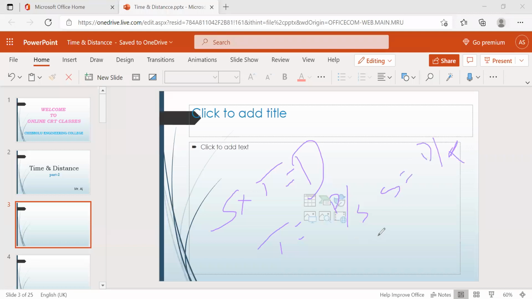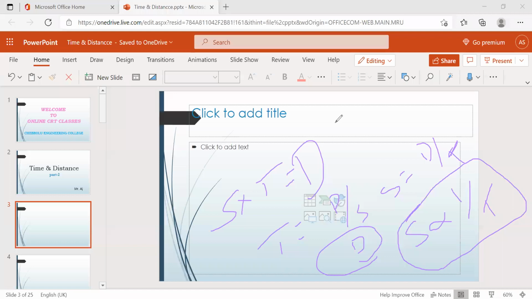And we know that whenever distance is a constant, both time and speed are inversely proportional to each other. Right? These are very important points.